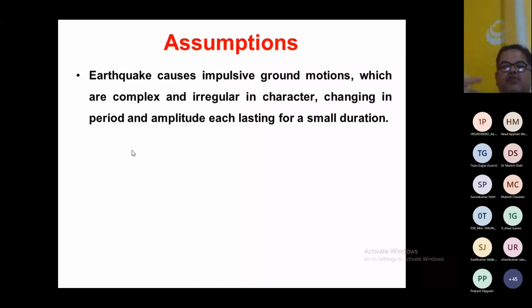It was a very low frequency earthquake, and the frequency content was in a small or narrow range. Now, what actually happened in that case? The very low frequency earthquake came and 8 to 15 story buildings were affected. The question was, because of this low frequency, these buildings should not be affected, right?